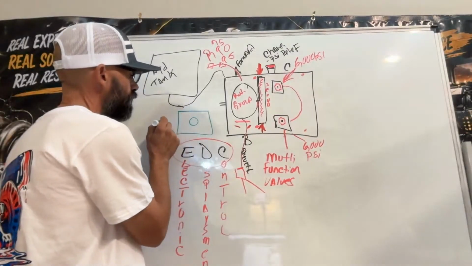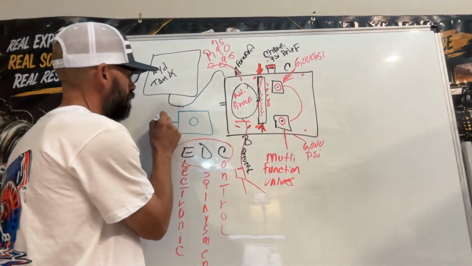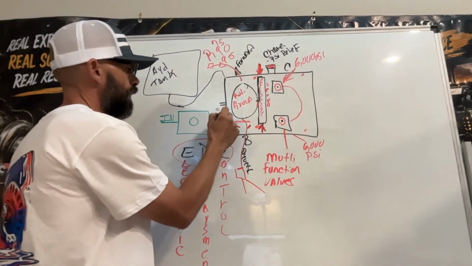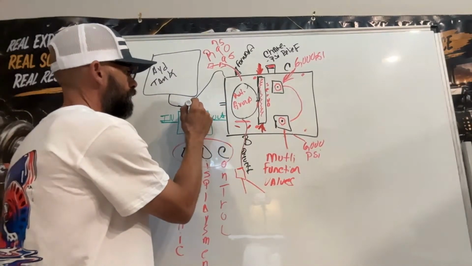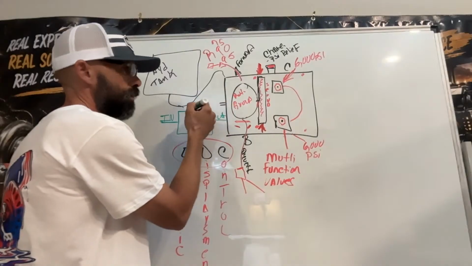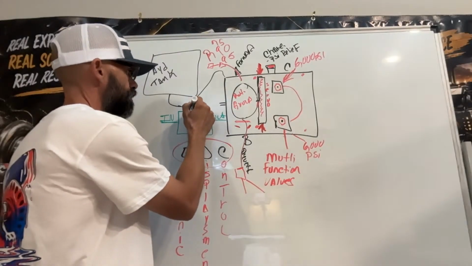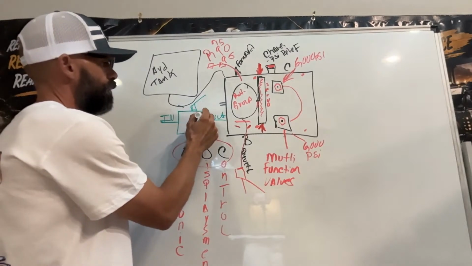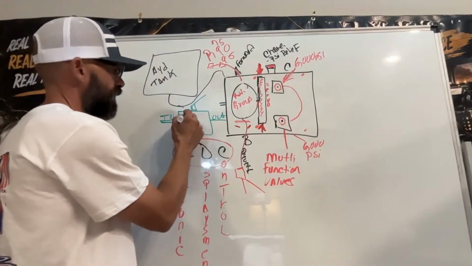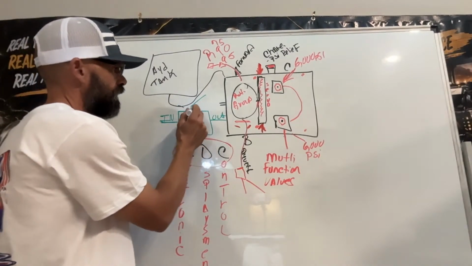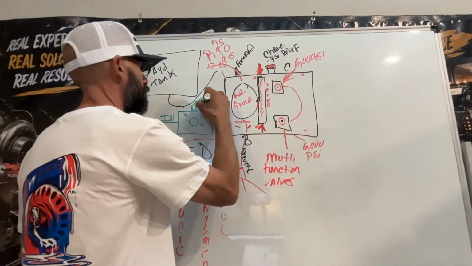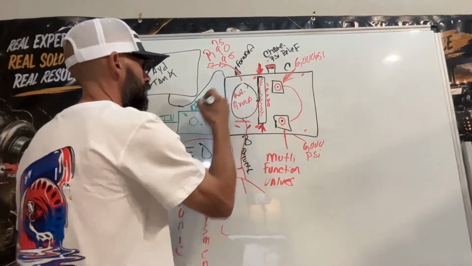So you're gonna have your line in, and then you're gonna have your line out, and right here you're gonna have, just to read pressures, right? So you have your shuttle valve, this one right here, and this is your PSI transducer, right?